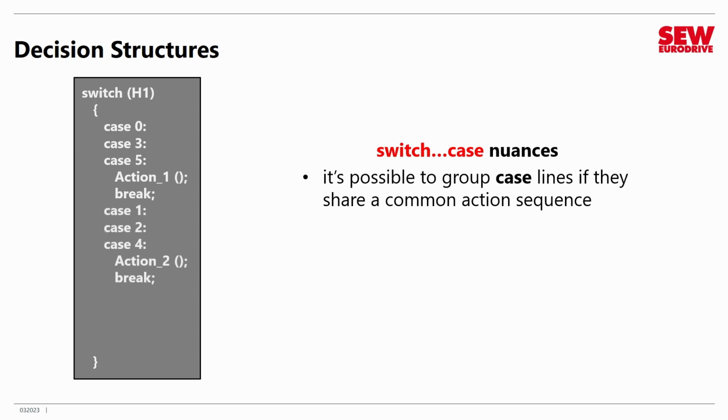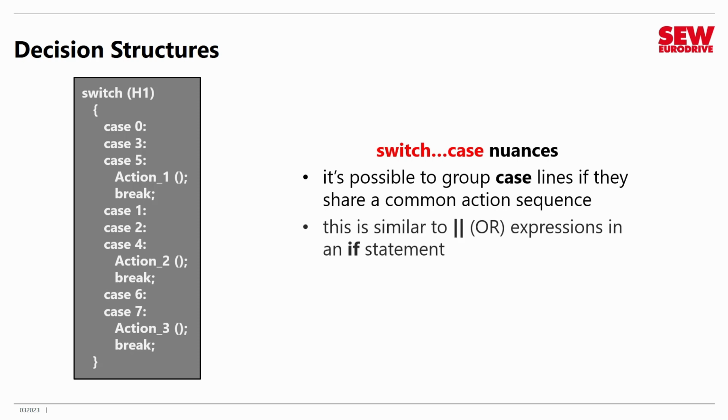And if cases 1, 2, and 4 have another common action, then put that together with the code after it. And 6 and 7, you can do that. So this is kind of interesting. This is almost like using an OR within an if statement, where you're combining several expressions, and if any of them happen to be true, then it will carry out the same action. So that's kind of a useful nuance, I would say.